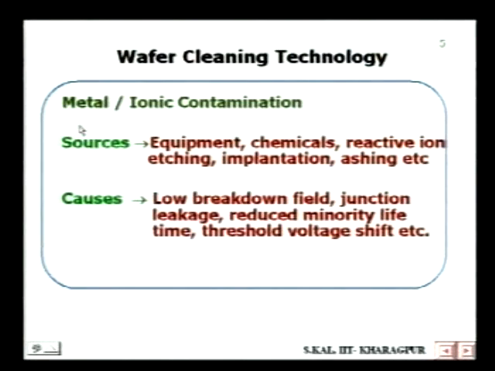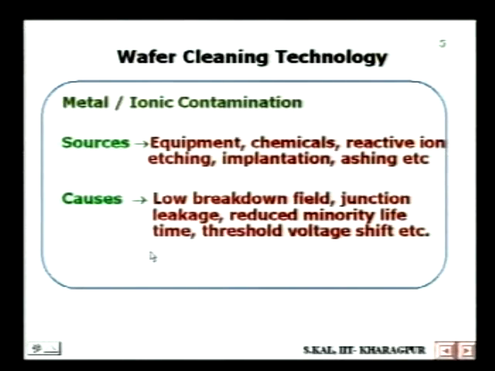Due to the presence of metal or ionic contamination, we may face low breakdown field, junction leakage current can increase, high metallic or ionic contamination may reduce the minority carrier lifetime, and threshold voltage may be shifted.